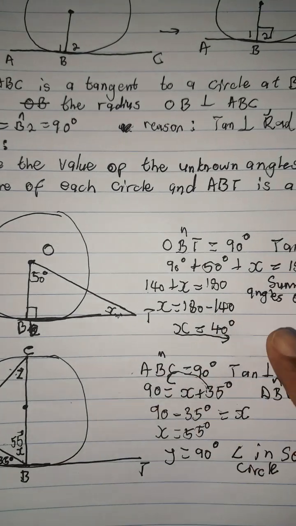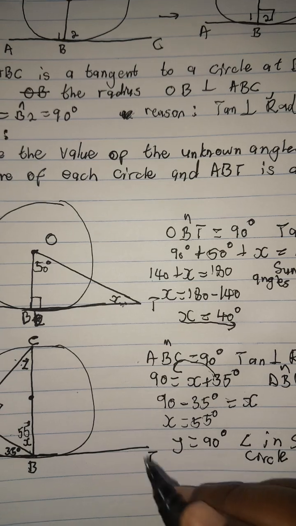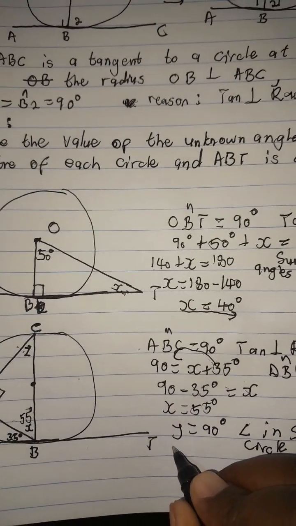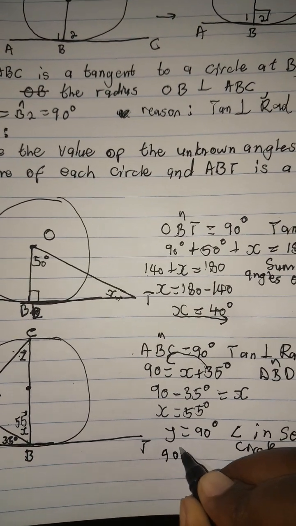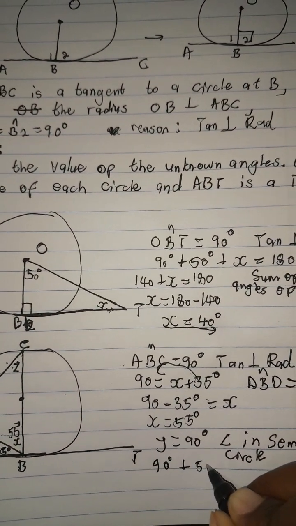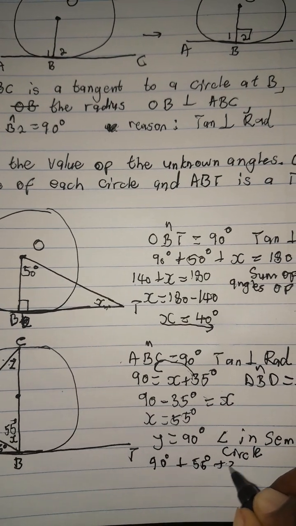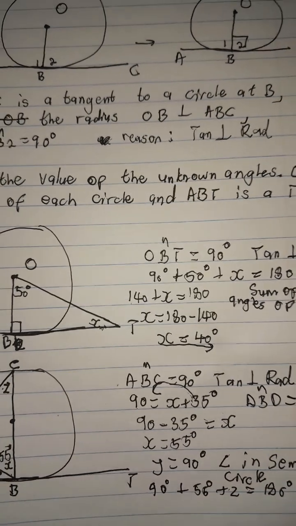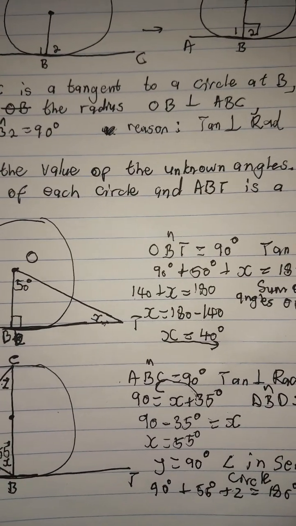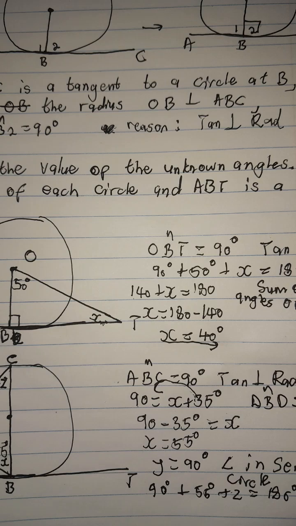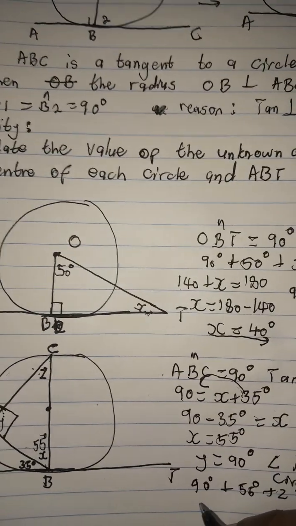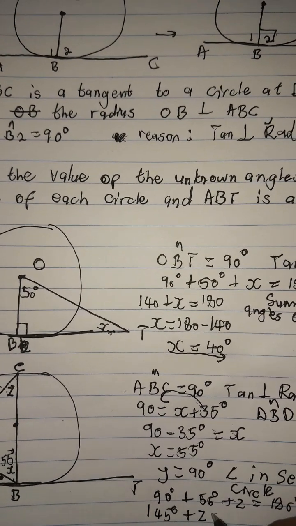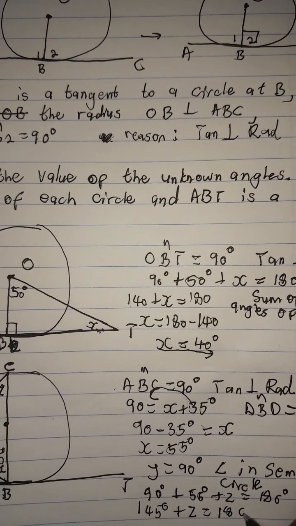So z, it's a sum of angles of a triangle. To get z, we are going to say 90 degrees plus 55 plus z, which is equals to 180 degrees. Let's just say 90 plus 55, we get 145 plus z, which is equals to 180.